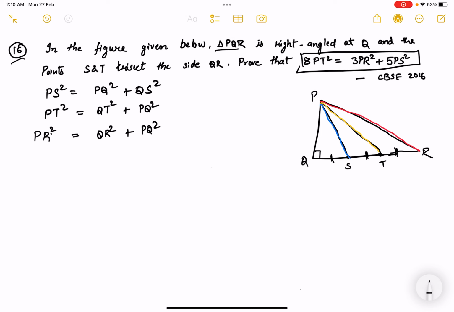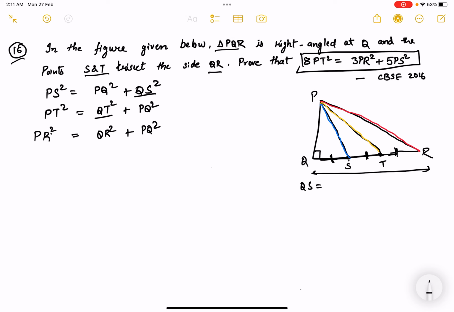Also we are given that S and T trisect QR. So what we are going to do is substitute QS and QT. QS is 1/3 of QR, because S and T trisect, so these are three equal parts.